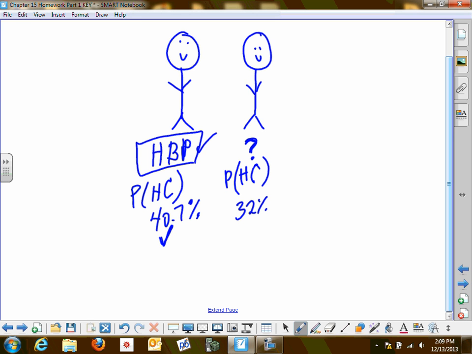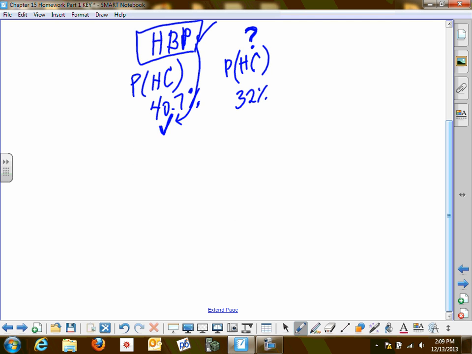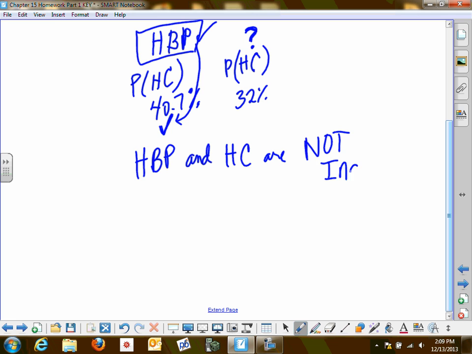You having high blood pressure increases the likelihood that you have high cholesterol. So they are related. Therefore, we would say that high blood pressure and high cholesterol are not independent of each other.